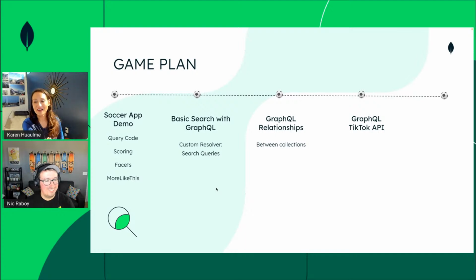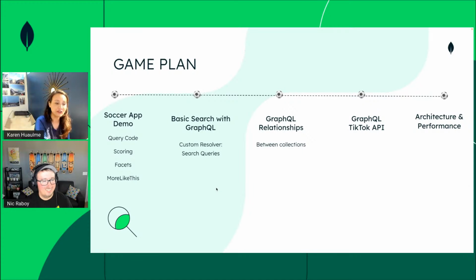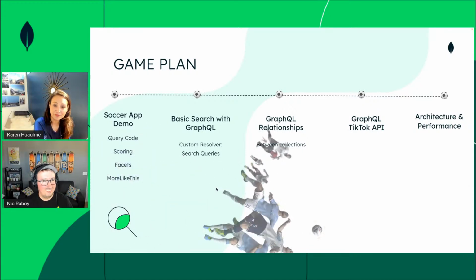Then we're going to incorporate external data, a TikTok API that Nick found, inside the same application. And then hopefully, if we have time, we'll talk about architecture and performance. I have all sorts of materials. If you want to talk about indexing or anything like that, we can do that as well. Just let us know.